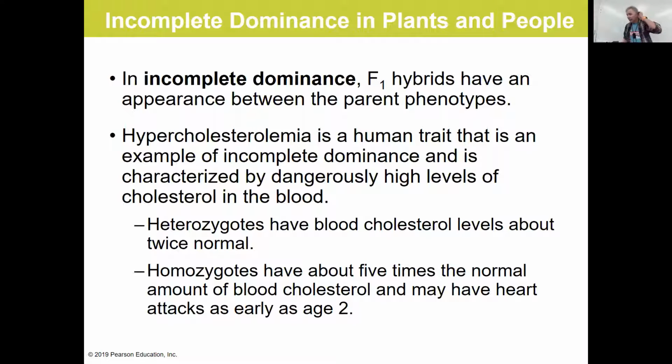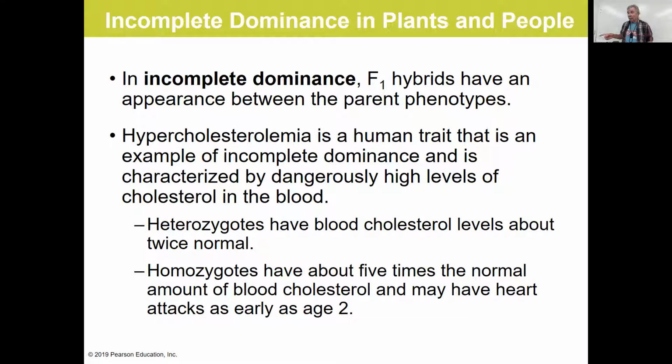One is called incomplete dominance. In Mendel, a Mendelian locus has complete dominance. One allele is completely dominant over the other, and so you only have two phenotypes: the dominant expression trait and the recessive expression trait. That's it.